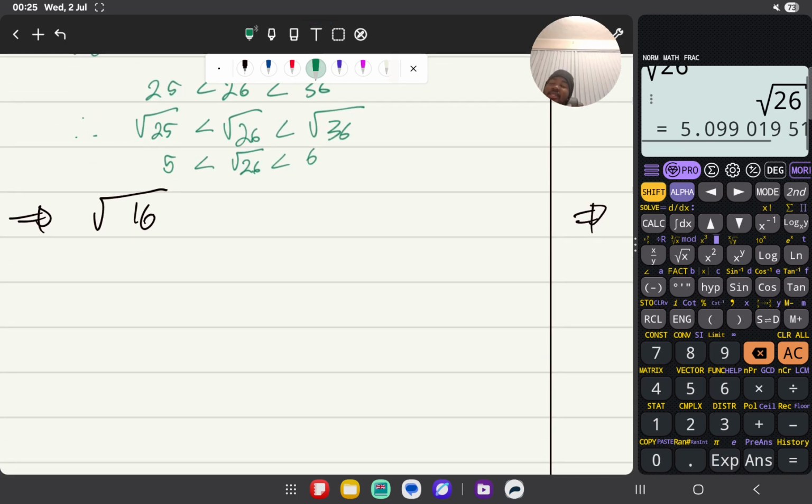So now let's think again. We have this number 16. Which numbers are we thinking of? It's a square root, so you have 1 giving you 1, 2 giving you 4, 3 giving you 9, 4 giving you 16.